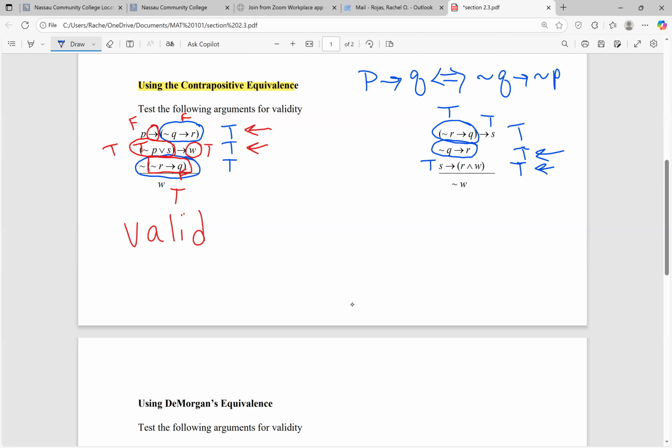So then that's going to force R and W to also be true. And the only way a conjunction, right, an and statement could be true is if both R and W are true. So if R is true and W is true, that will lead my conclusion, not W, right, to be false. Therefore, I'm going to have an invalid argument, right?